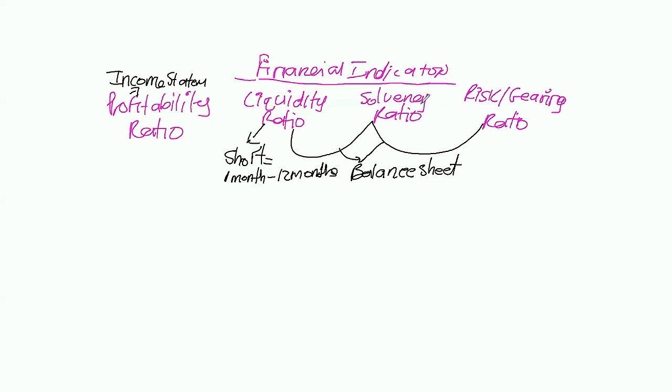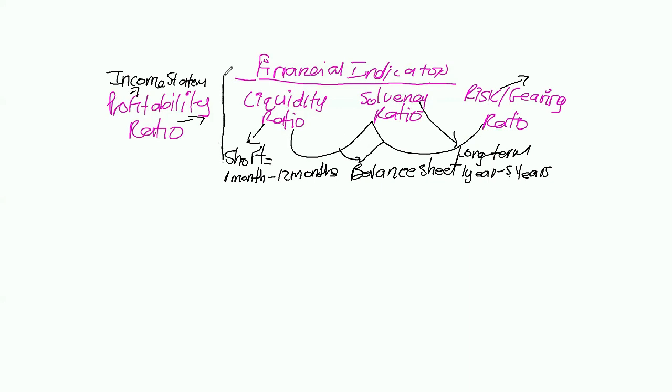Then solvency stands for long term. So now you can pay your loan from either 1 year up until maybe 5 years, depending on the company, right? So now I'm willing to list the ratios under these categories.